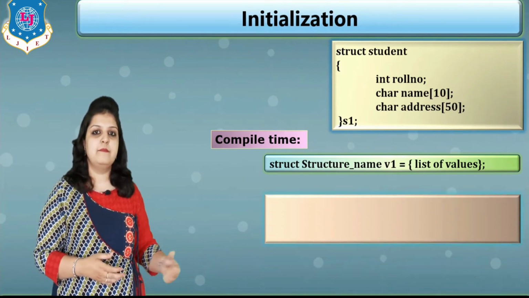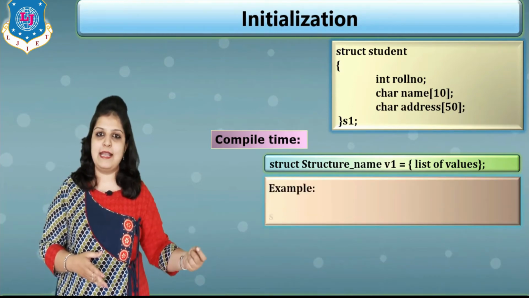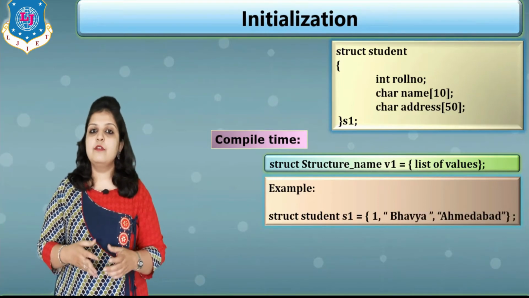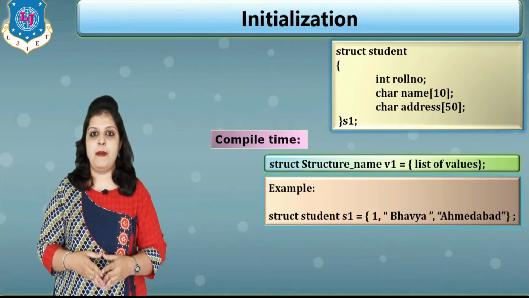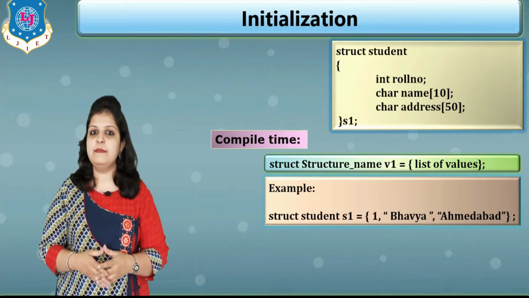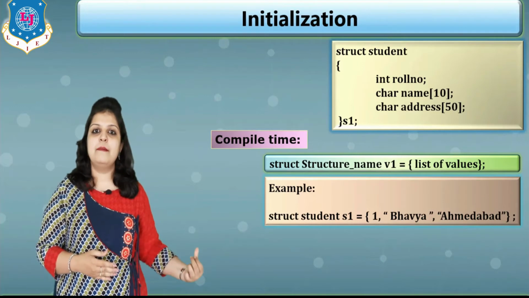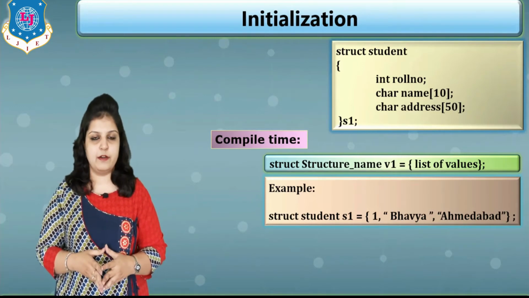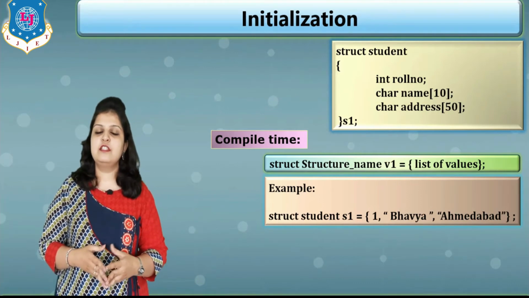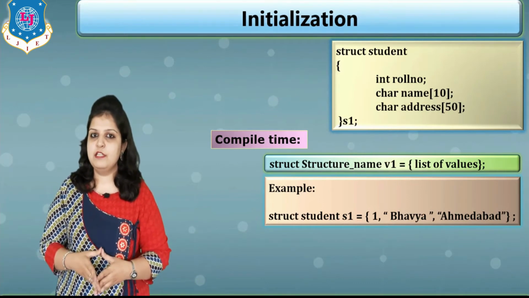So just see the example: struct student S1 is our structure variable, is equal to. Now you have to maintain the order of your members, meaning our first member is roll number. So in curly brackets write roll number first. I am writing 1 as the roll number of the student. Then the second member is name. So you write the name of any student.